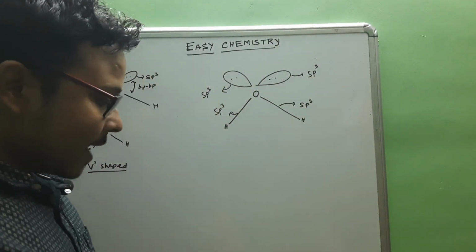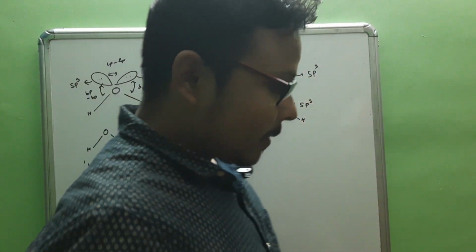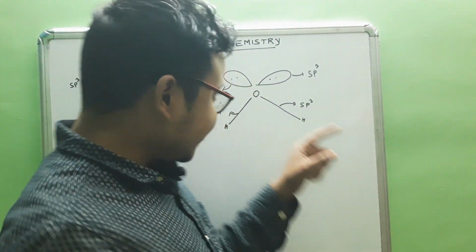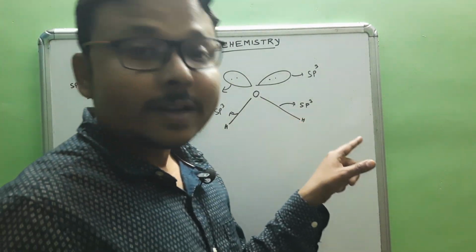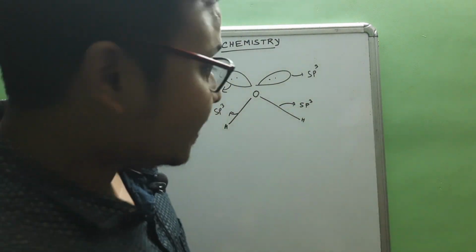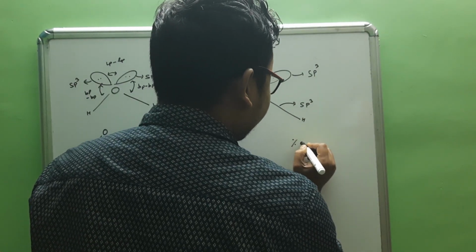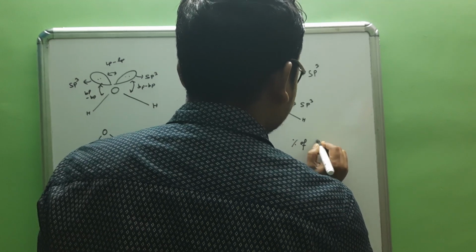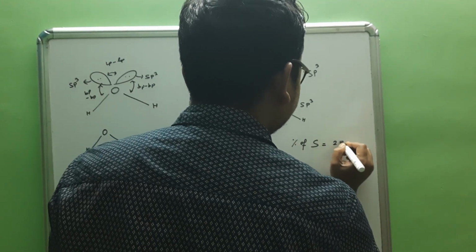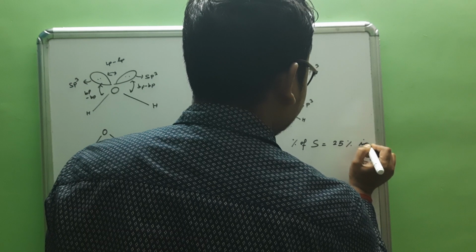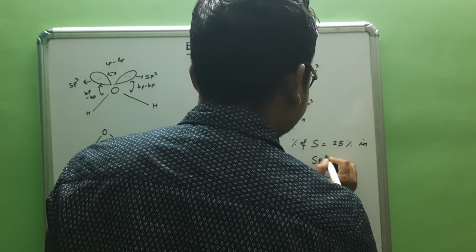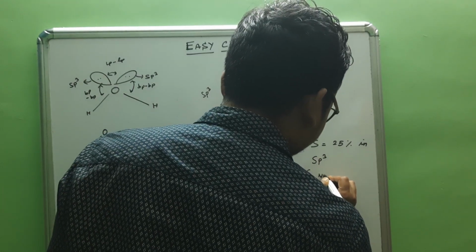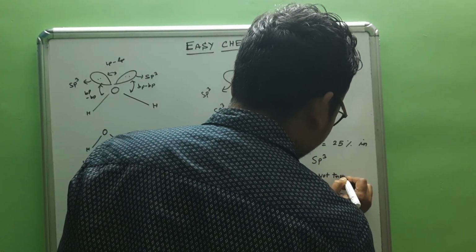We expect that in every sp3 hybrid orbital the percentage of s character should be 25%, but it is not true in all cases.